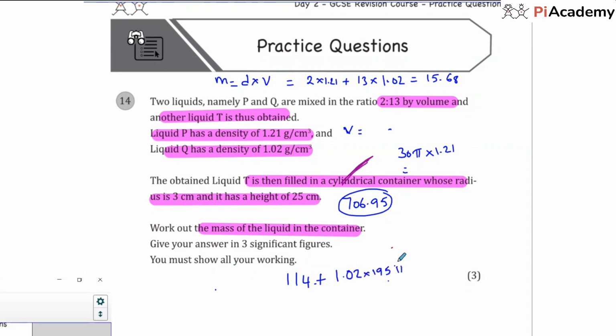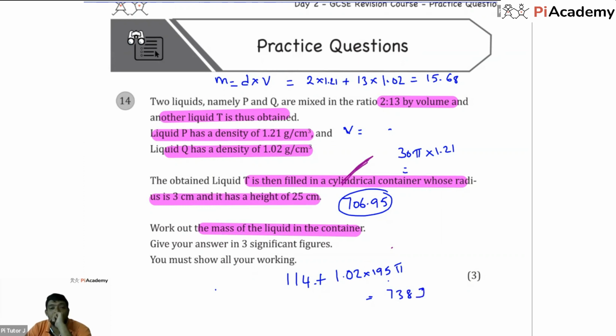I just did that, and the answer, 114 plus 1.02 times 195 pi, is 738 grams. Did you guys understand what he said? 624 plus 114 is 738 grams. Okay, makes sense.